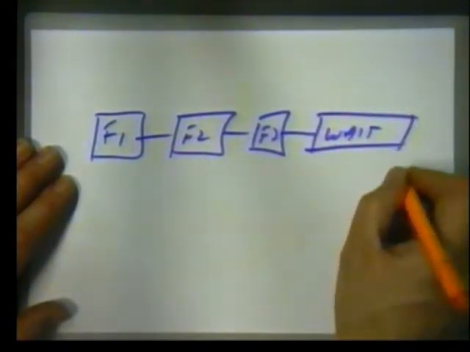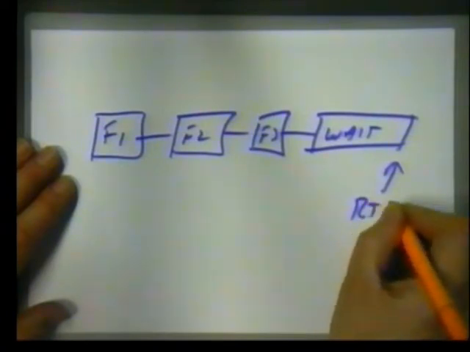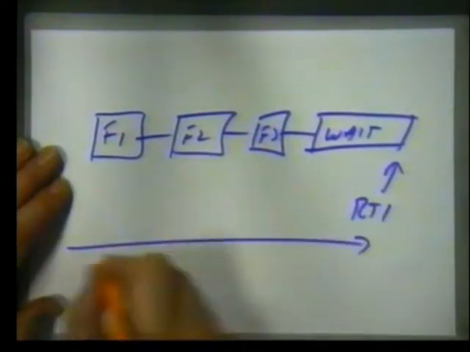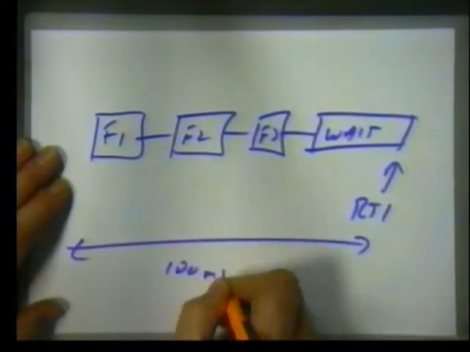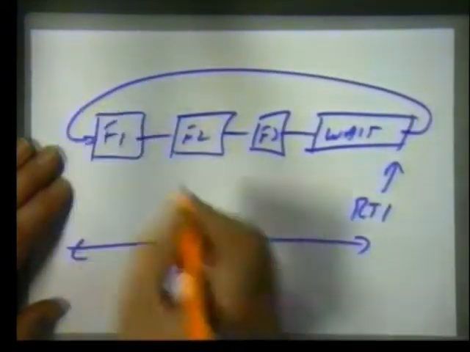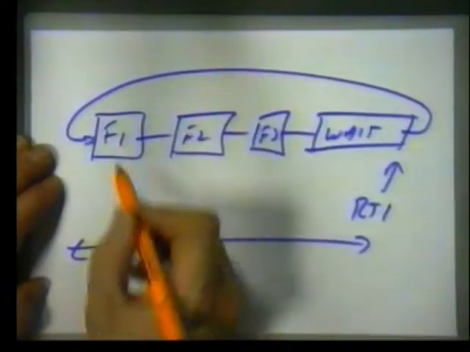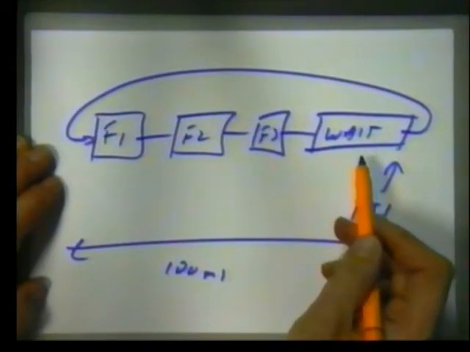What are we waiting for? We're waiting for a real-time interrupt to say, right, 100 milliseconds has passed, and then go back to the beginning. This sort of structure also is a valid operating system, and again, there's a whole swathe of real-time systems out there that do just that.